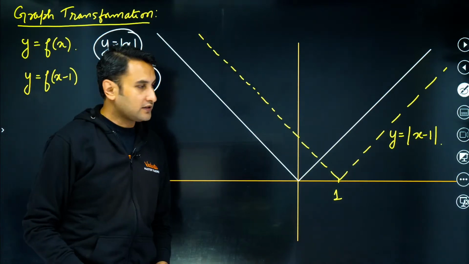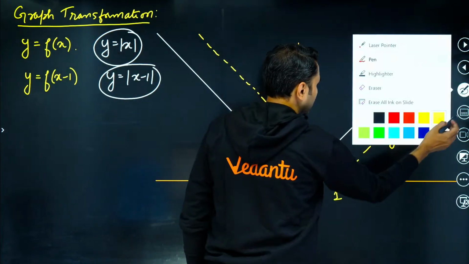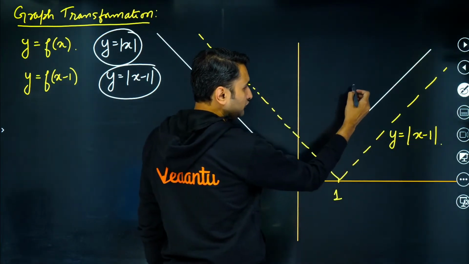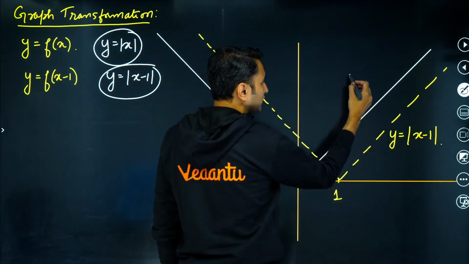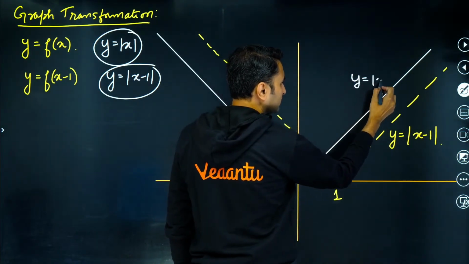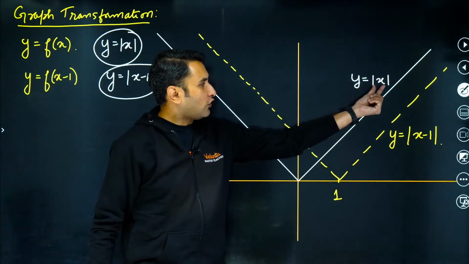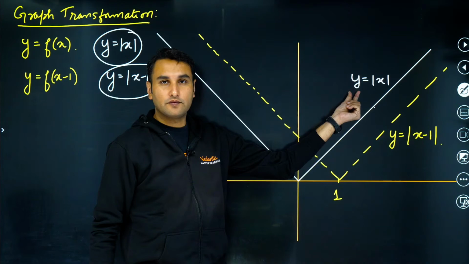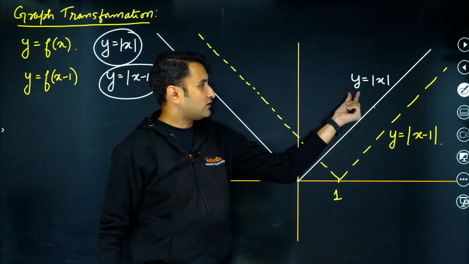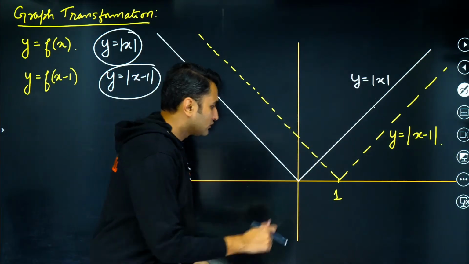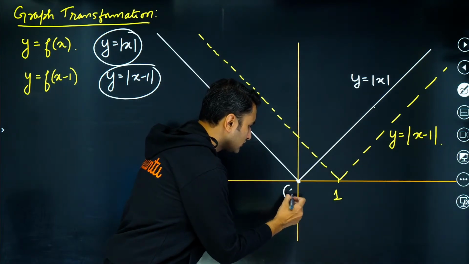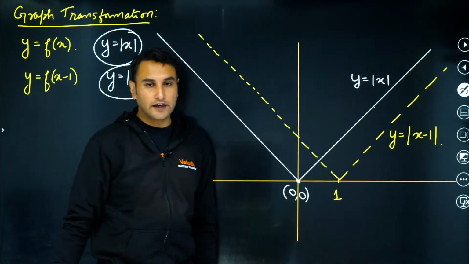In simple words, let's understand this. What was the white graph? The white one was y equal to mod x. Simply, tell me, for what value of x is y 0? When x is 0, the y is 0. Agree?